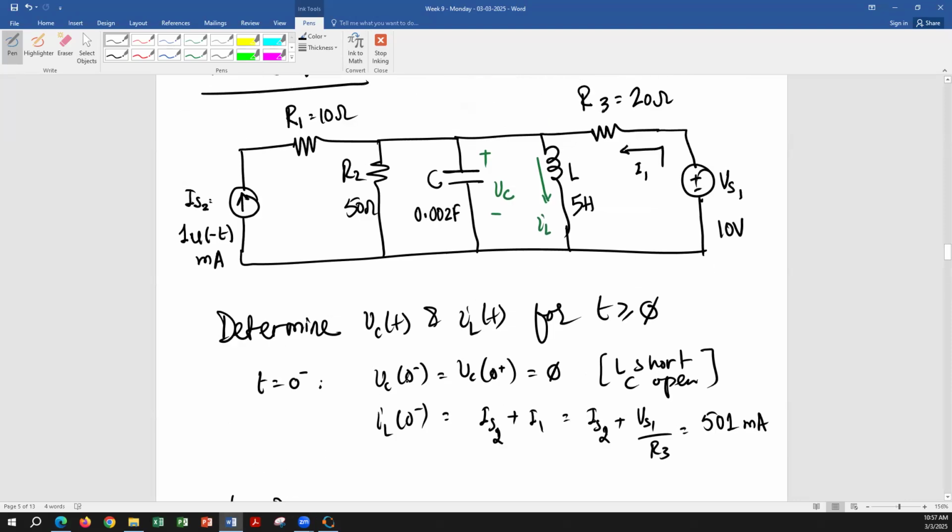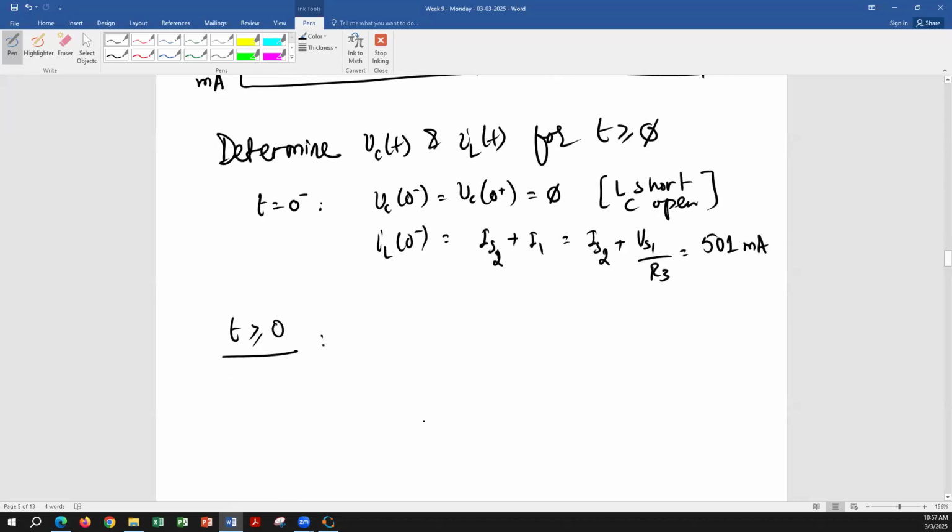Okay, when time exceeds 0, what's going to happen to the circuit? IS2 is out. So redraw the circuit: R2, C, L, R3, VS1.